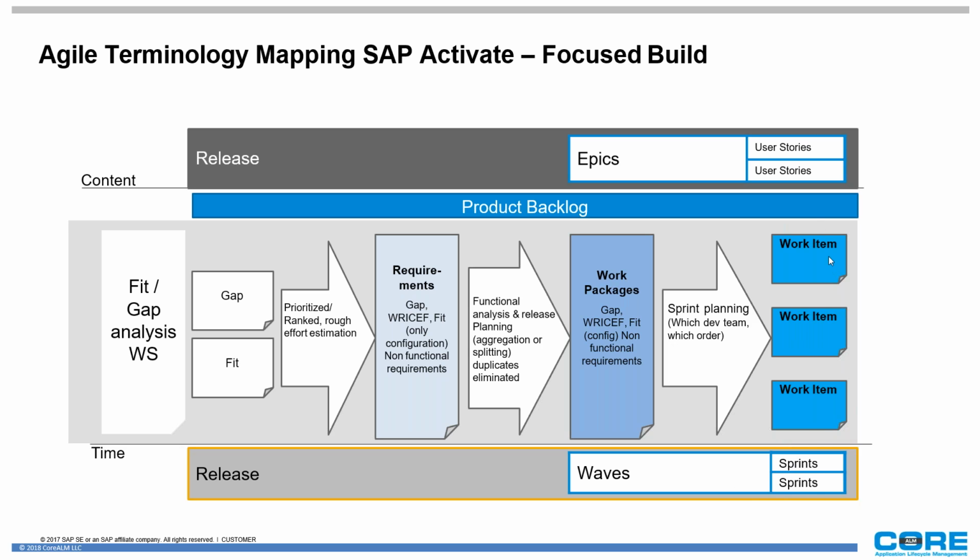This is where we're going to create all of our work items, and our work items are going to be mapped to user stories or backlog items within Azure. As you can see, one work package can contain many work items, which means this work package could have a work item in Focus Build at SAP, and it could also have a user story in Jira that's non-SAP, let's say if you're using Jira for non-SAP items.